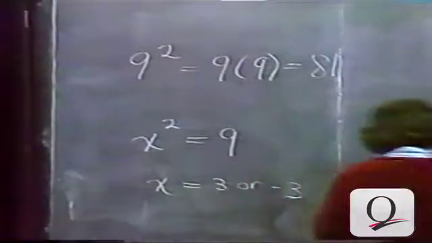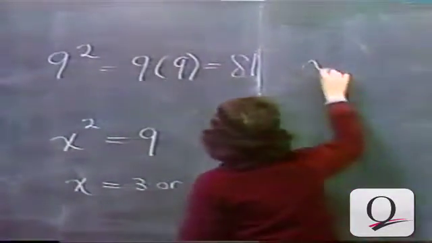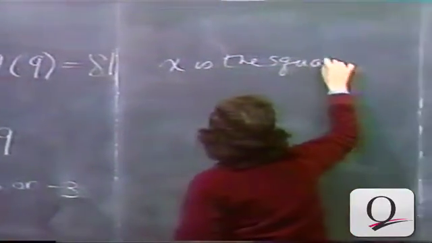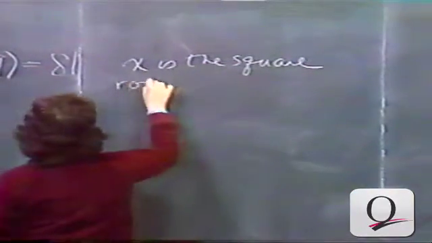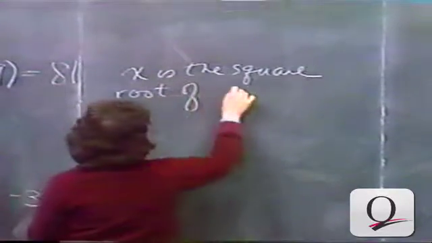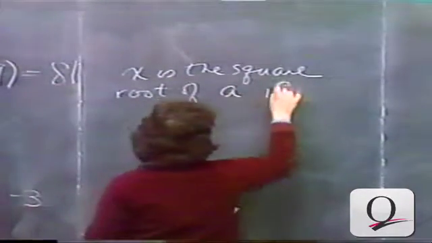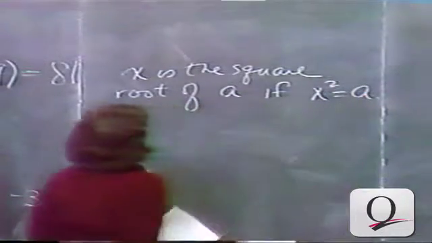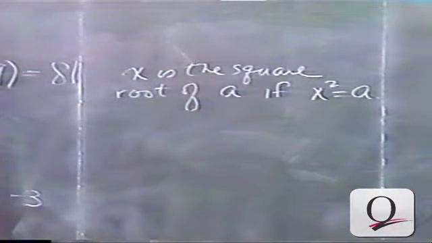In general, we will say that x is the square root of a if x squared equals a. x will be called the square root of a if x squared is a.